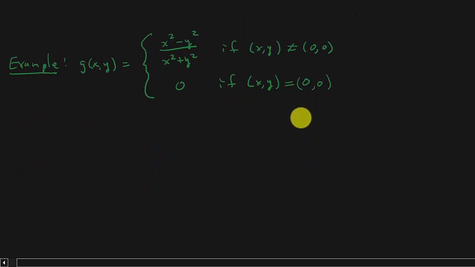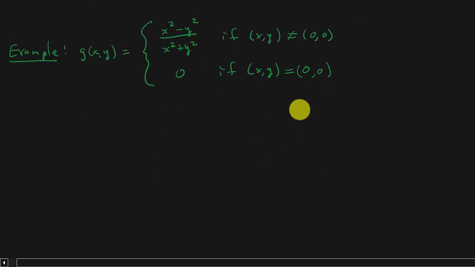All right, so what about this one? Where is this one continuous, or where is it discontinuous? All right, so how about this one? Well, actually this function g is defined at (0, 0) now, right?